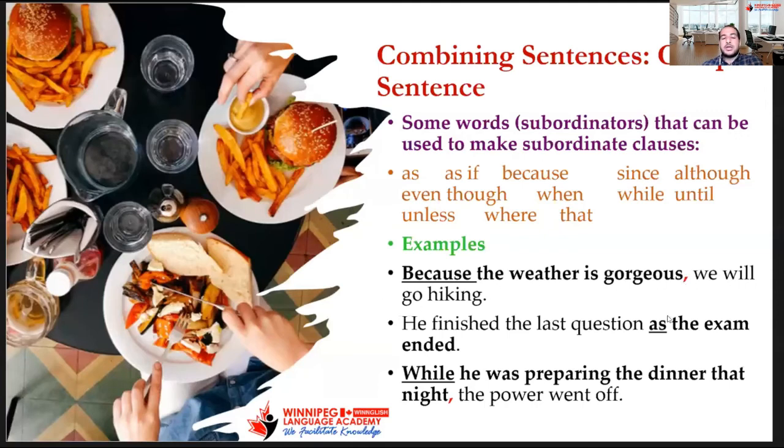We will be hiking. If we reverse it, or if we start with an independent clause, we will not need to add a comma. He finished the last question as the exam ended. Then, yeah. So now this shows you how to differentiate generally between a coordinating conjunction and a subordinating conjunction.